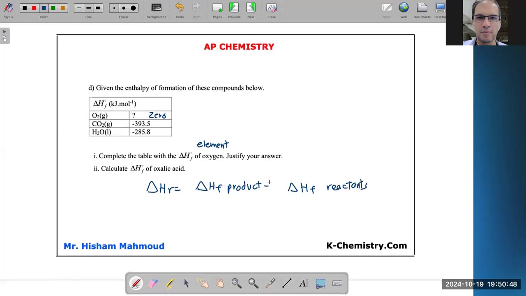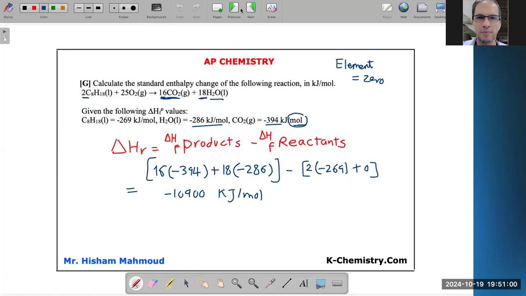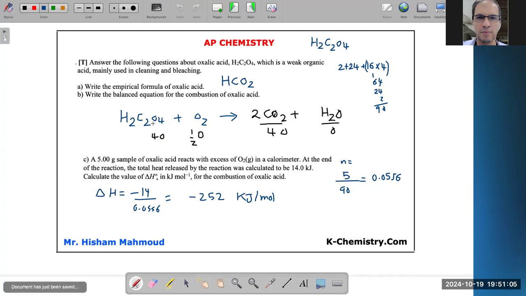So delta HF of products, what is that? So I need to change this one into, so it is already 1 mole. So this is already for 1 mole, right? We did the calculation. So we got H2C2O4 plus O2 gives 2CO2 plus H2O. Correct, it is for 1 mole of the substance.